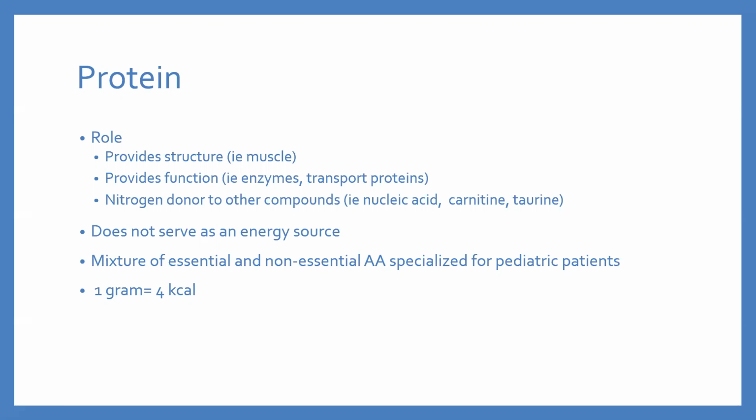Basically, protein supports lean body mass and the production of proteins that are essential for metabolism. As far as protein goes, 1 gram equals 4 calories. You may start at 1 or 1.5 grams, and usually you don't want to go above 4 grams per kg per day.